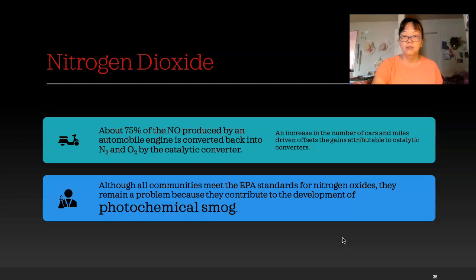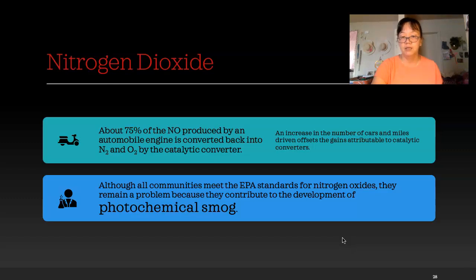So nowadays, due to the engineering changes on the automobile, we decrease a lot of the nitrogen dioxide by changing the components of gasoline and changing the mechanism of the engine combustion, which greatly keeps this pollutant under control.